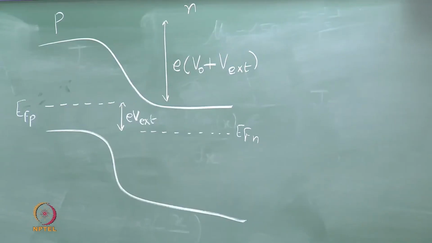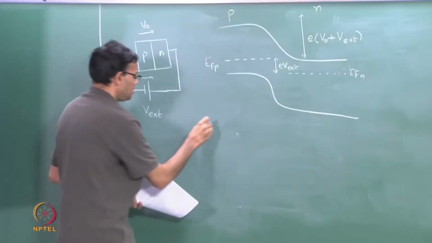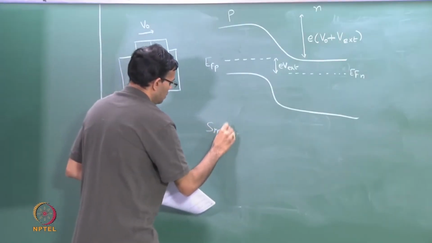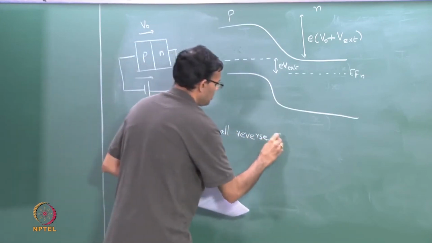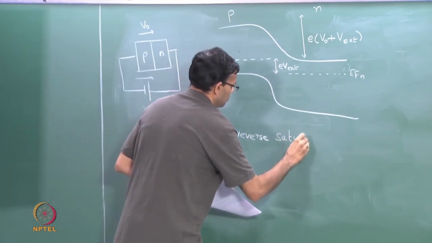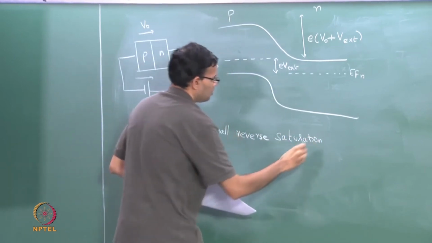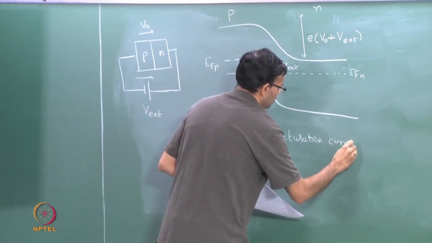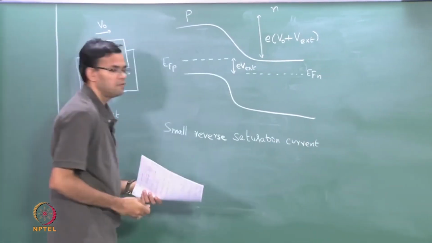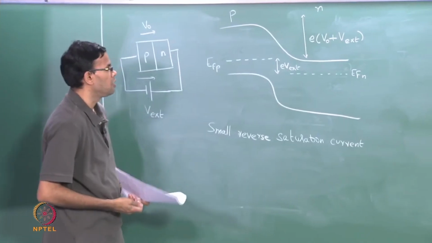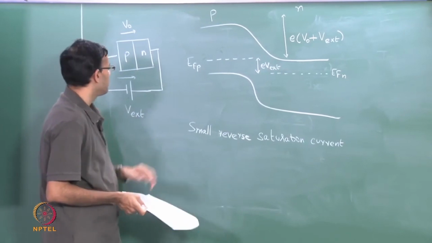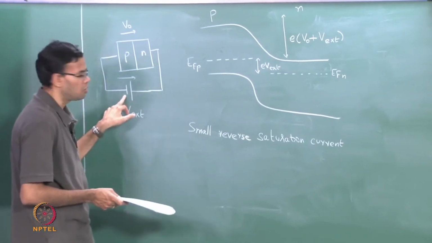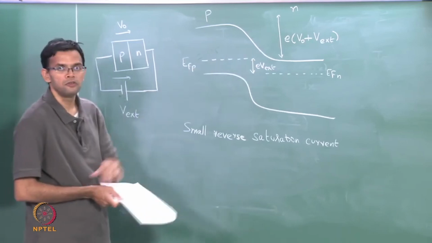So in the case of a reverse bias, there is a small reverse saturation current. The reverse saturation current happens because we have minority carriers, that are holes on the N side, that get attracted to the negative charge on the P side and then diffuse.